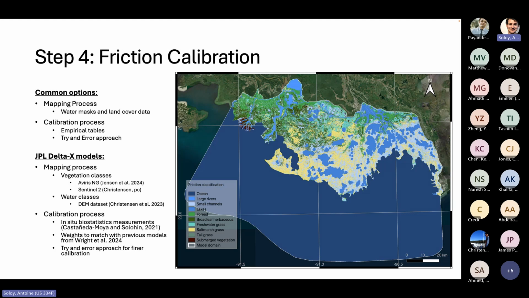Friction can help you correct part of those biases by allowing you to impose some friction in specific places. So in our case, what we did here is that we took a land cover map as well as a water mask map, and we combined those information in order to create a friction map where we have different classes.